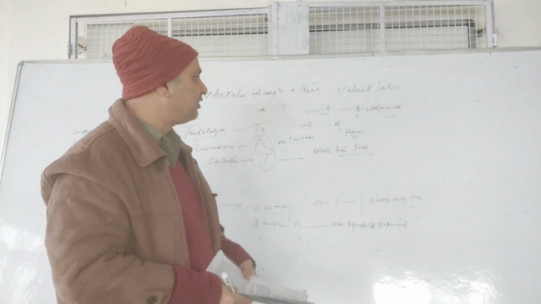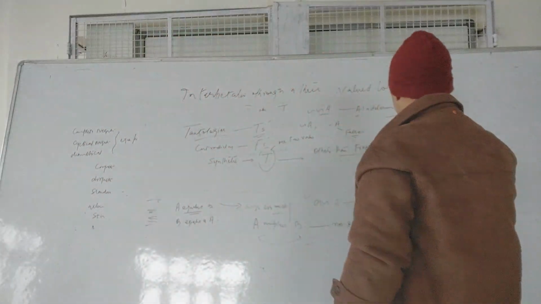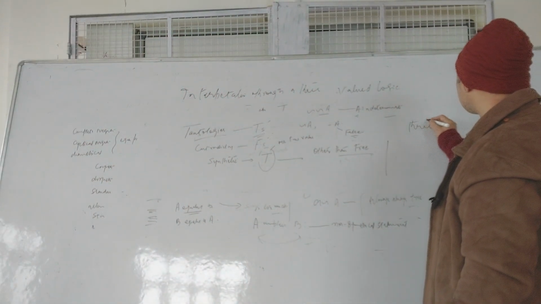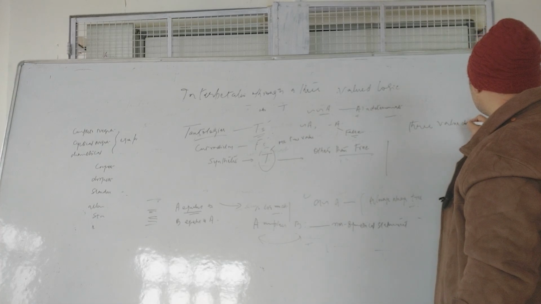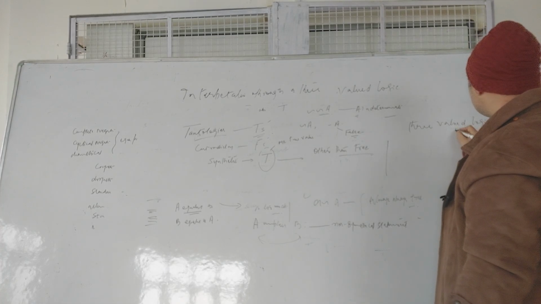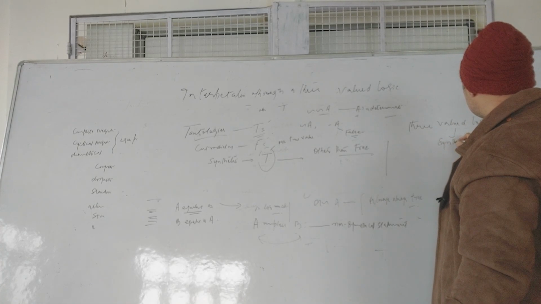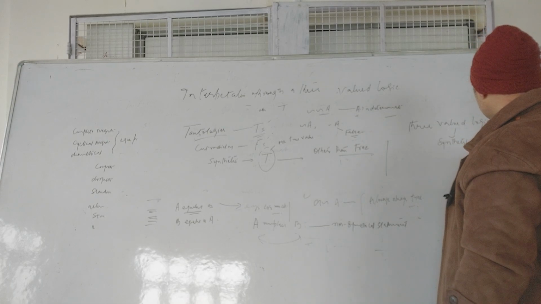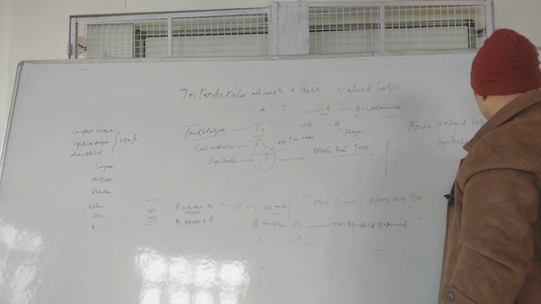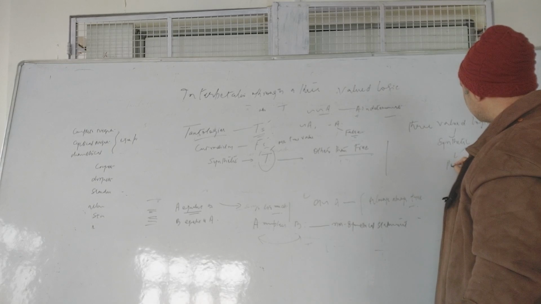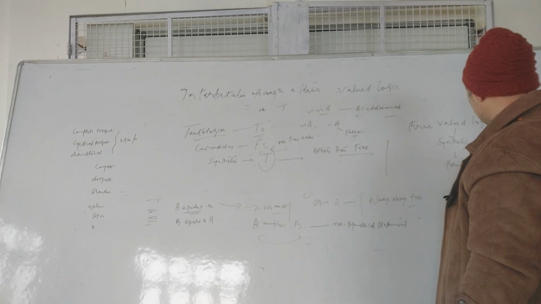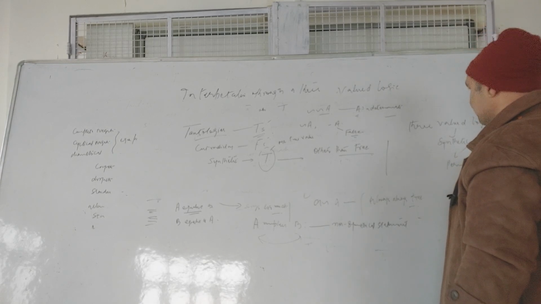But in three-valued logic, how do synthetic statements maintain their permutations and combinations?